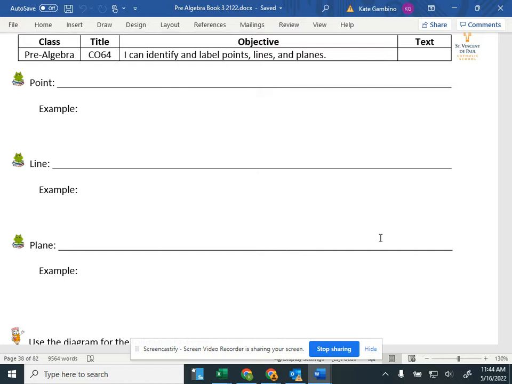So to do this, we need to start off with definitions. Definition of a point is a dot used to represent a location.